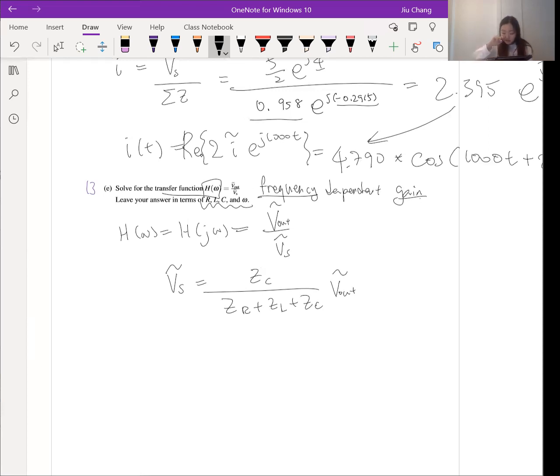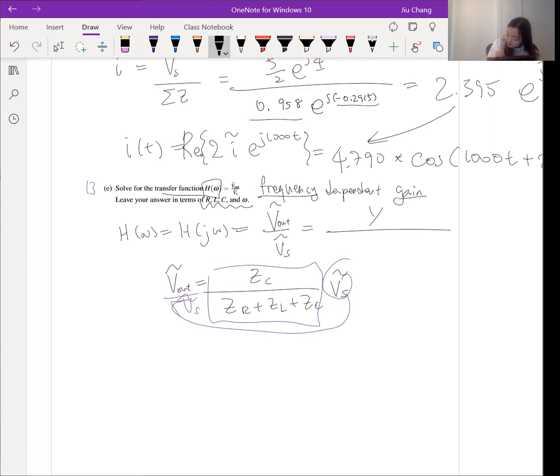So we will use the fact that, if we divide both sides by Vs phasor, then we get this as our transfer function. So we will use that here.